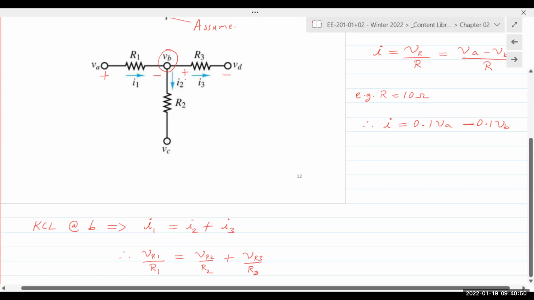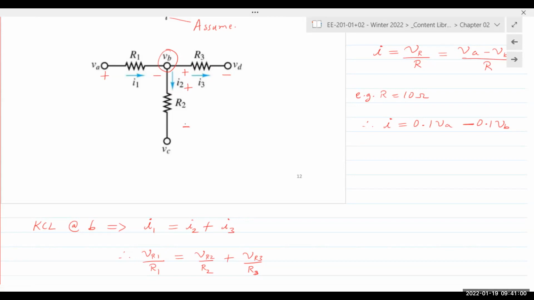And for I2, VB is higher than VC. Okay. So the polarity of the resistor voltages comes from the assumed direction of our branch currents.